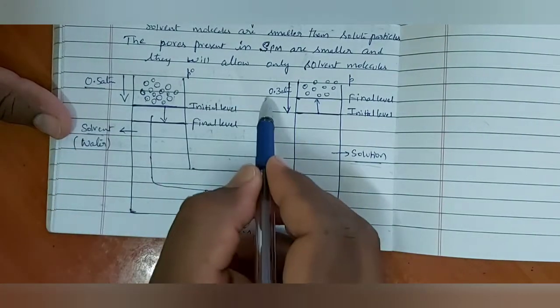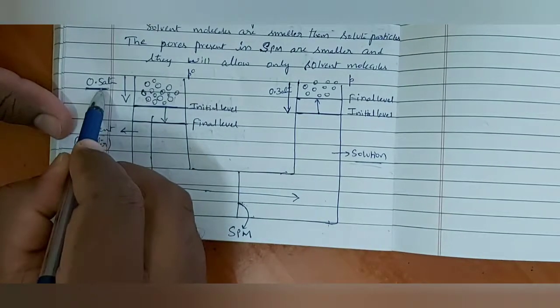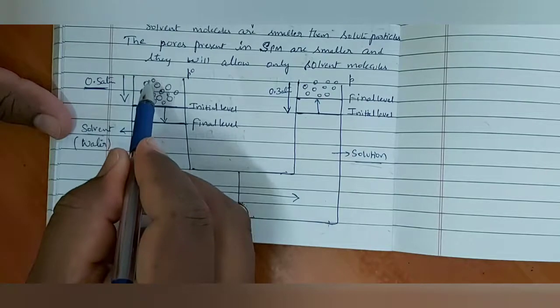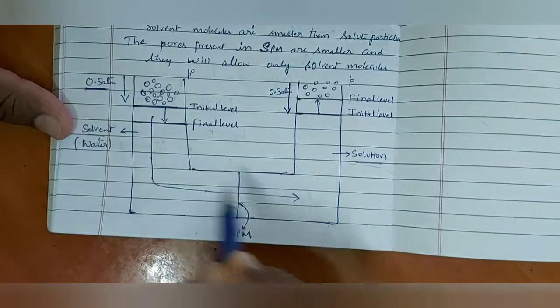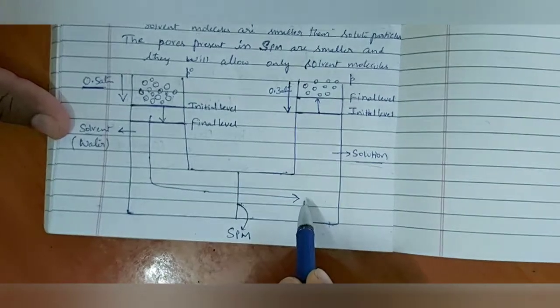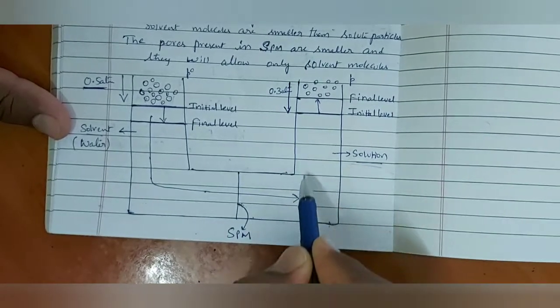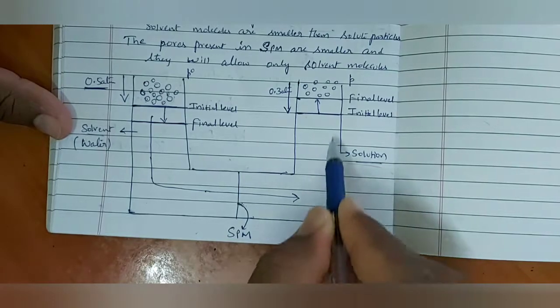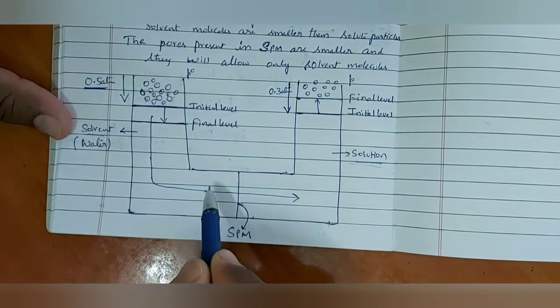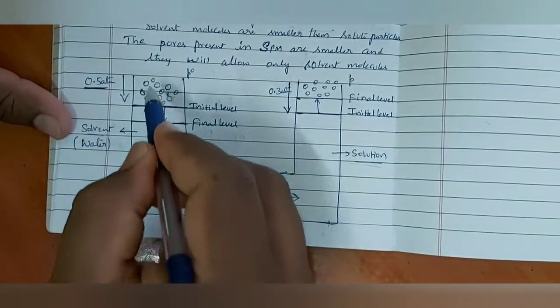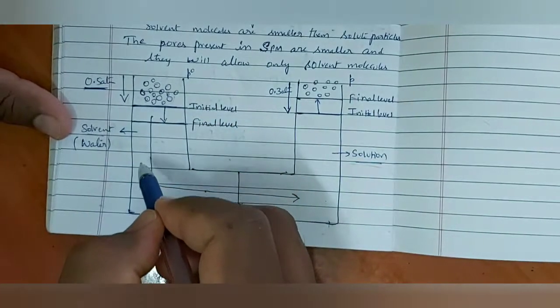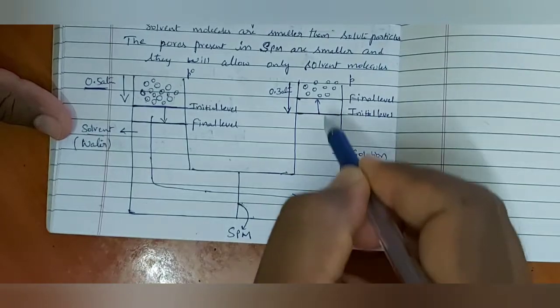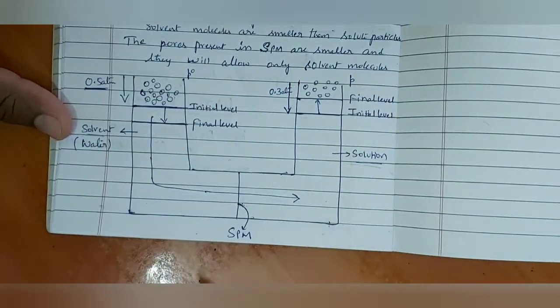When pressure is high on this side, water molecules will move like this. Even though water molecules are present here also, they cannot come because pressure is high on this side. So because of this pressure difference, only water molecules will move from solvent side to solution side.